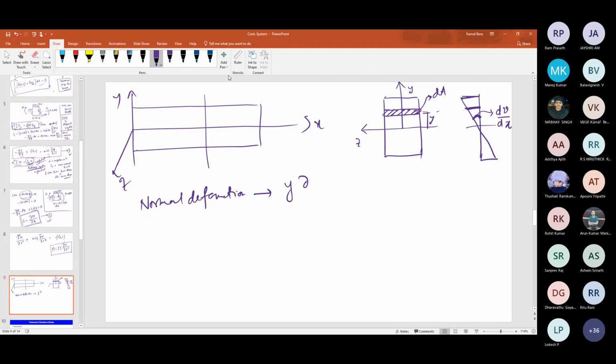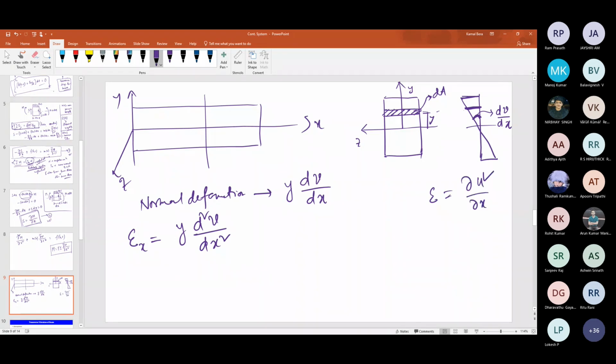I'm just showing the beam theory. So y dv by dx is the axial deformation, or the normal deformation. What is strain? Epsilon is the derivative of the deformation, like del u by del x, right? We write that.